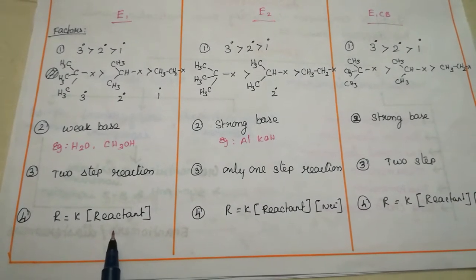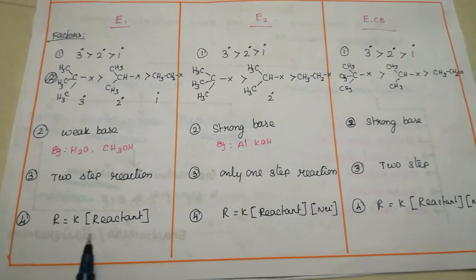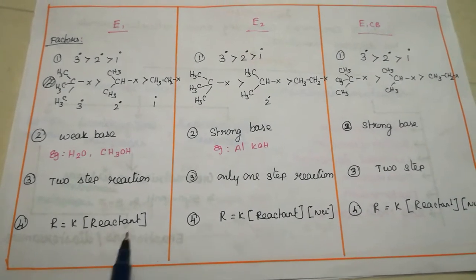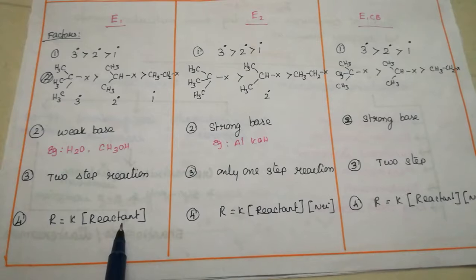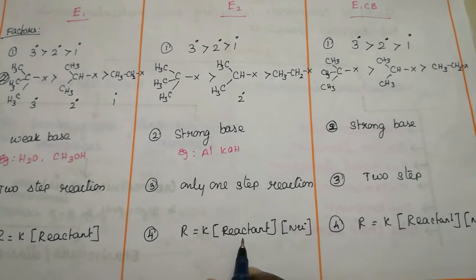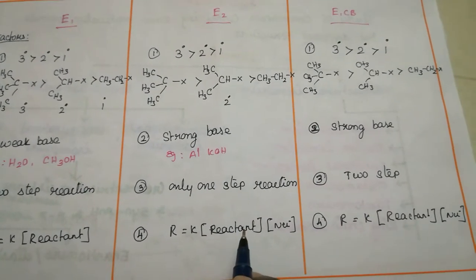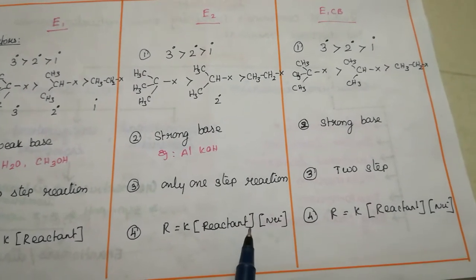Now the next factor is the rate of the reaction. The rate of the reaction depends on the concentration of the reactant only. But here we call it the E2 mechanism, which means the rate of reaction depends on two concentrations.